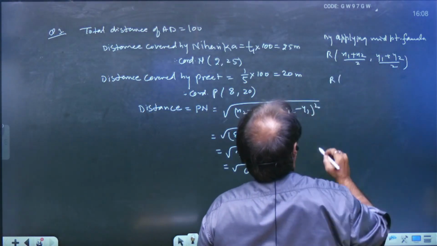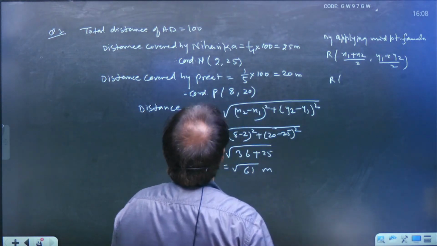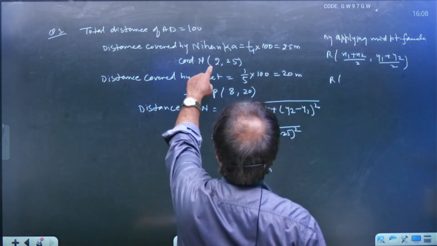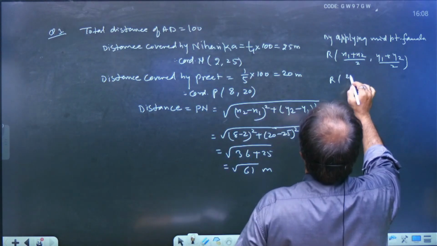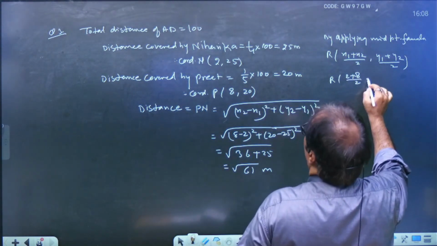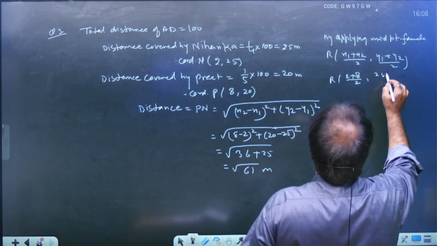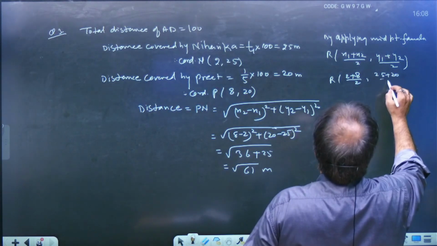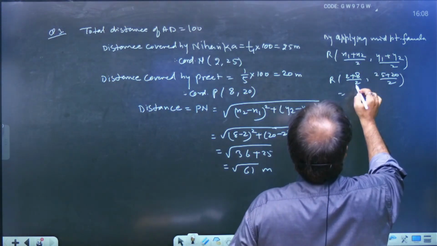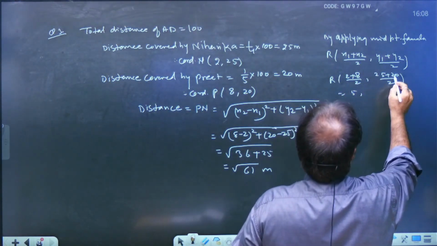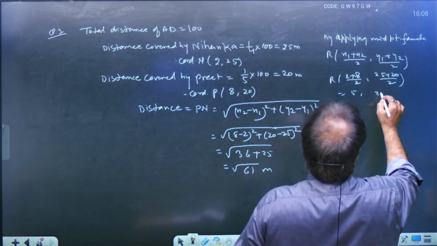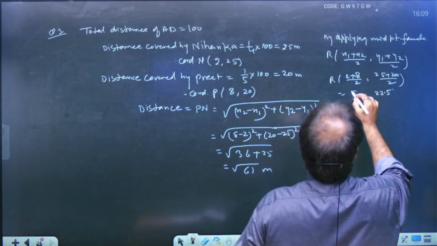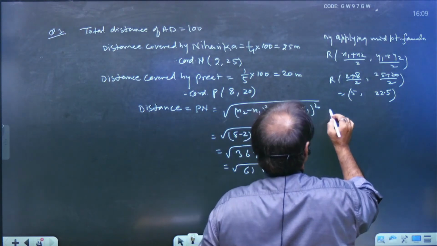So now find the coordinate of R. This point is 2 and this point is 8. So (2 plus 8) by 2 and (25 plus 20) by 2. So this is 10 by 2, that is 5, and this is 45 by 2, that is 22.5, right?